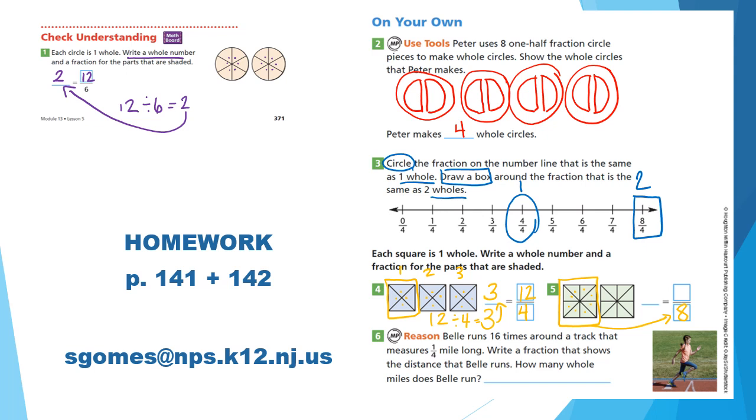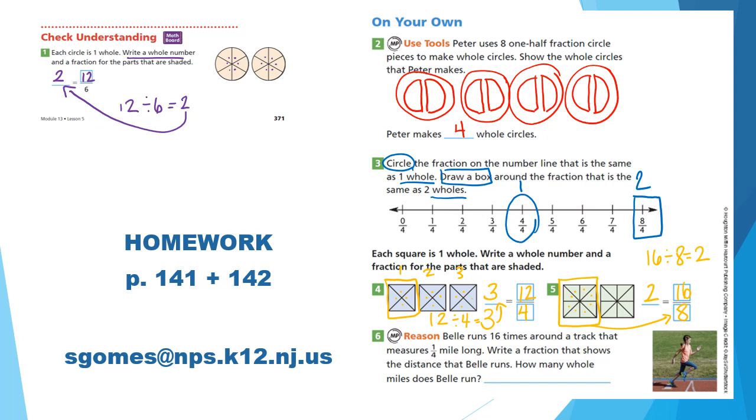Okay, and for the numerator, we're counting all the parts. So if I have 8 parts in my first one and 8 parts in my second one, I have 16 parts. Okay, let's use division to see if we get the correct number of wholes. I have 16 parts, and I'm dividing them into 8 parts to make each whole. So 16 divided by 8 is 2, and that sure works. My model shows me 2 whole squares.